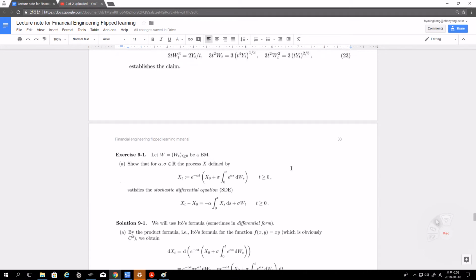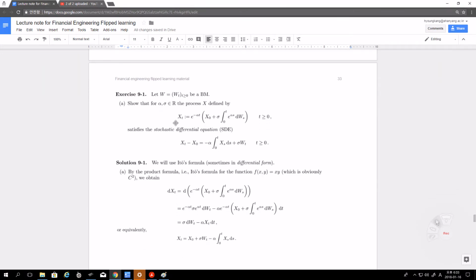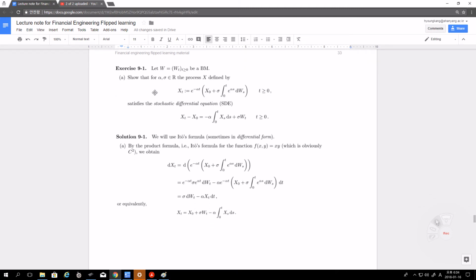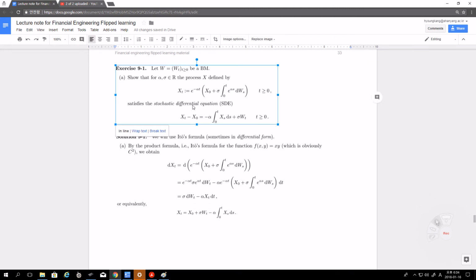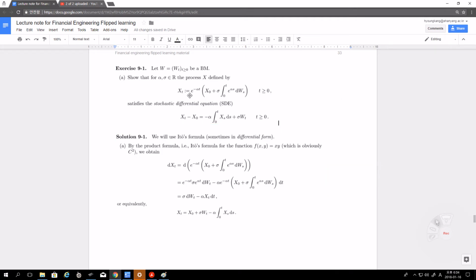Next, let's go to the next problem. Now, let w look like this Brownian motion, and xt looks like this and satisfies a stochastic differential equation.